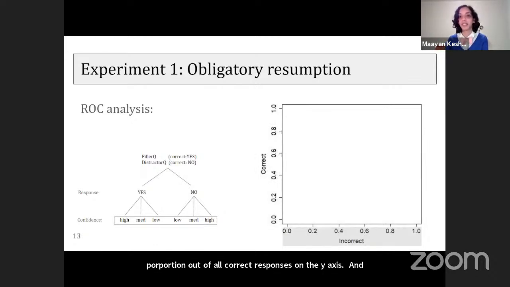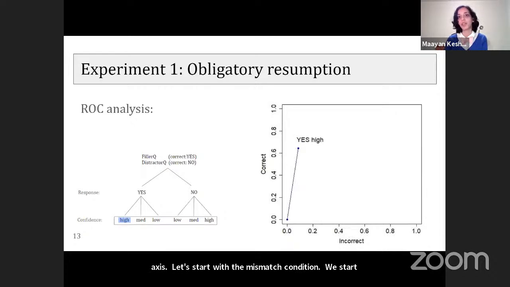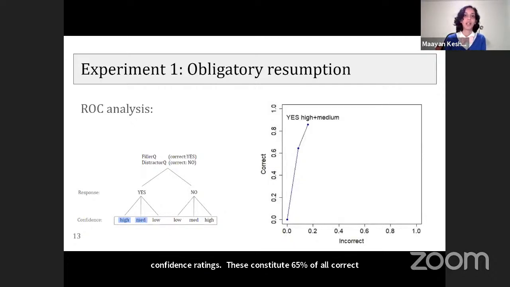So let's start, for example, with the mismatch condition. We start with yes responses with high confidence ratings. These constitute about 65% out of all correct responses, but less than 10% out of incorrect responses. Now we add to that yes responses with medium confidence ratings.